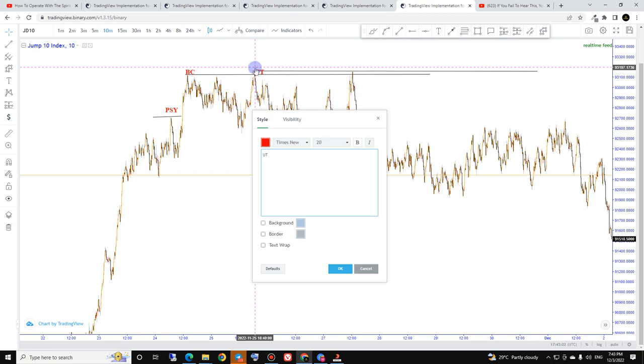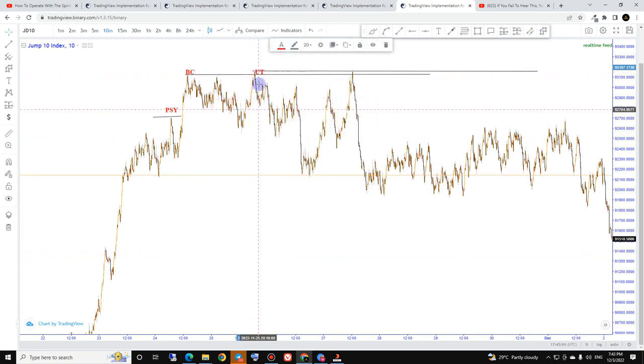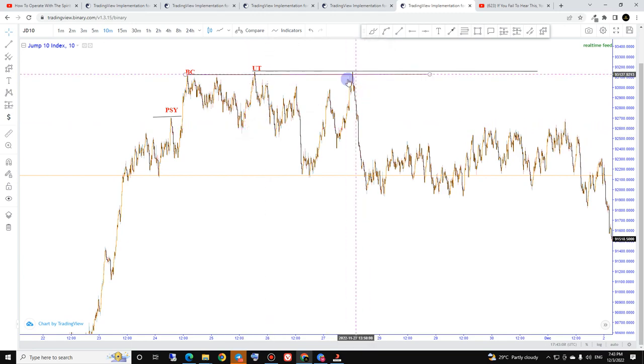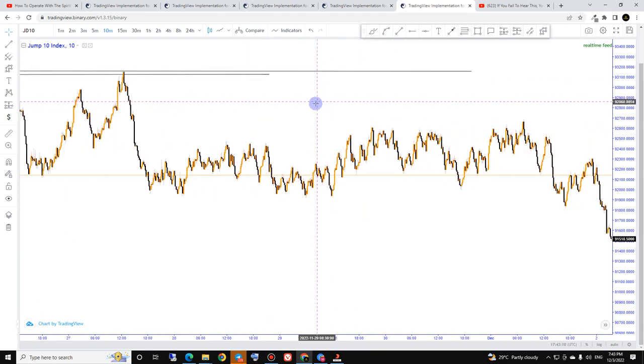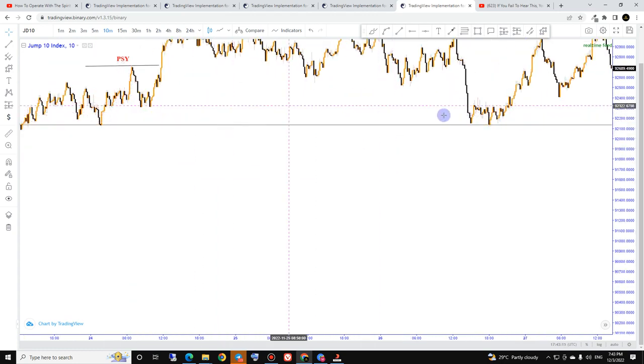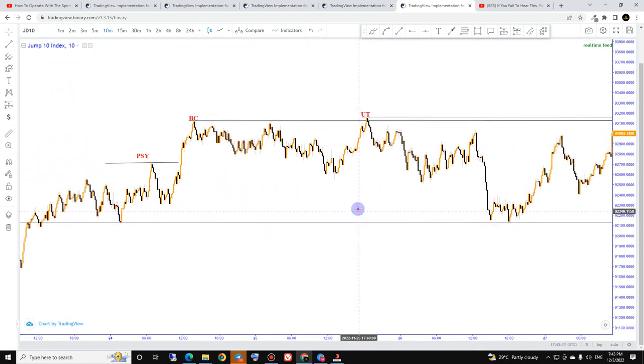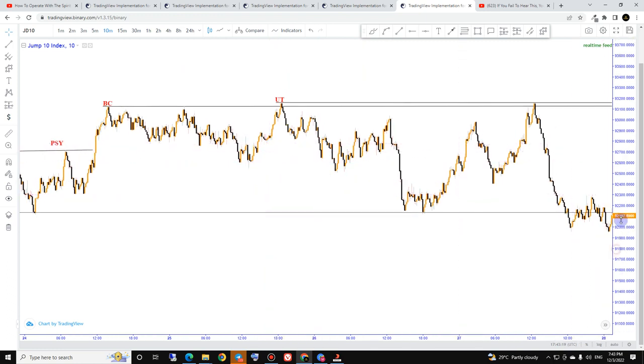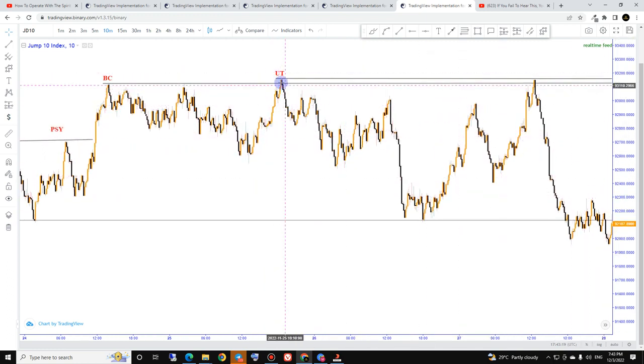So that should be the UT, and then I believe with this one, this is where the entry was, ladies and gentlemen, and of course how I took that entry. I won't label the downside. How I did that was basically just trying to find an IFC in this area.